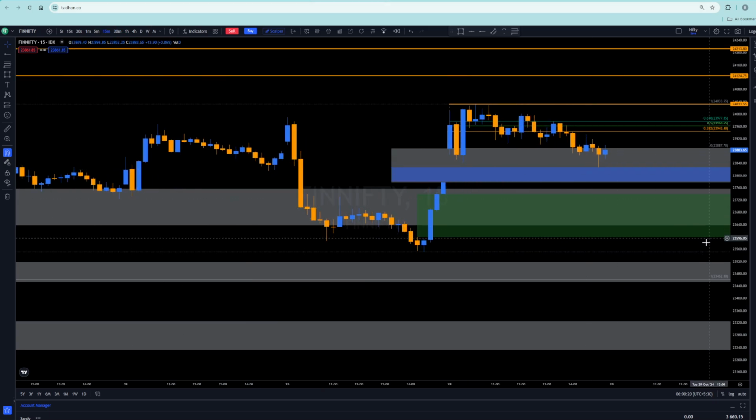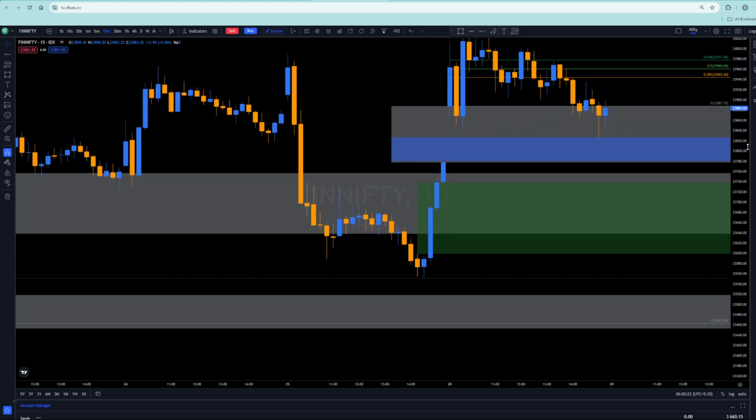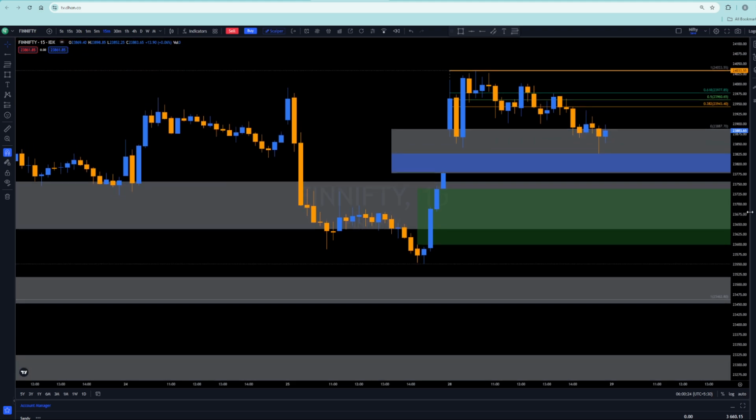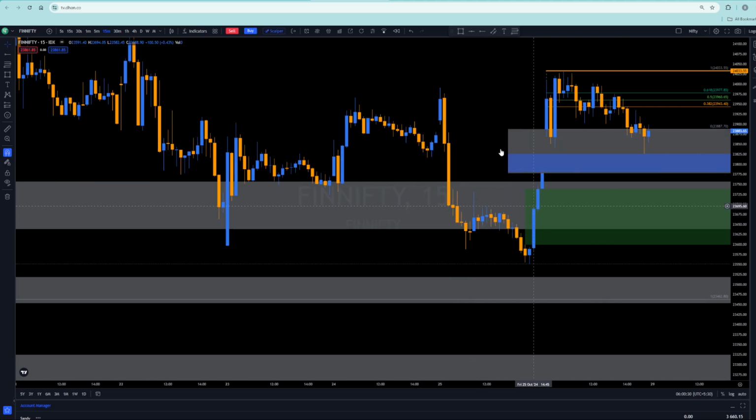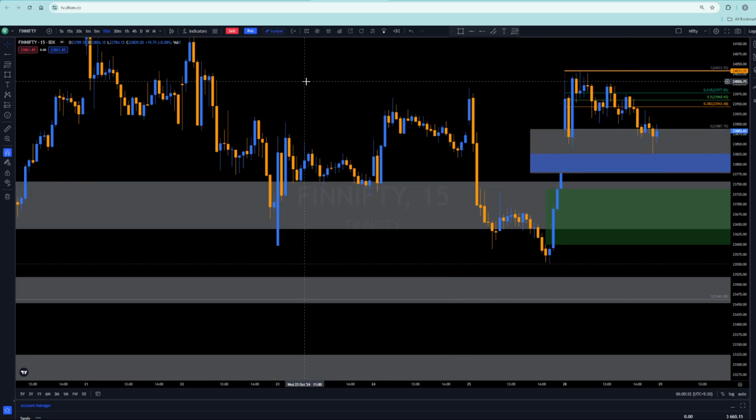Let's switch to 15 minutes. All these fair value gaps are important. Again, like the day before, the market gave a down move, and then it recovered everything.